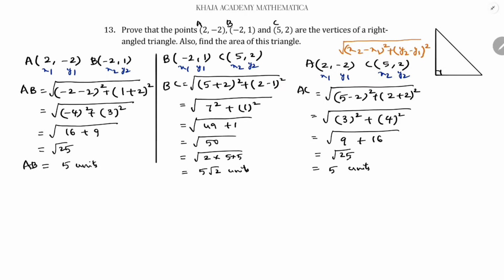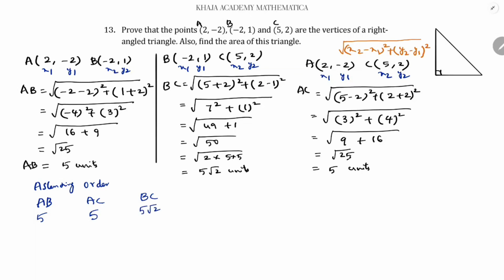Now we need to check for a right angle triangle. First arrange in ascending order, so you'll get AB, AC, BC. AB is 5, AC is 5 and BC is 5 root 2.